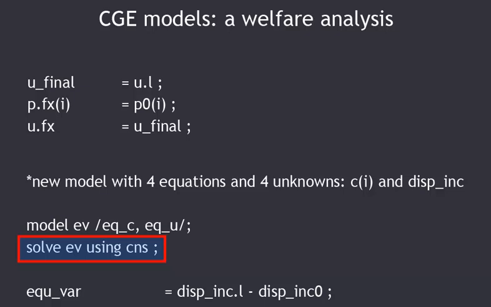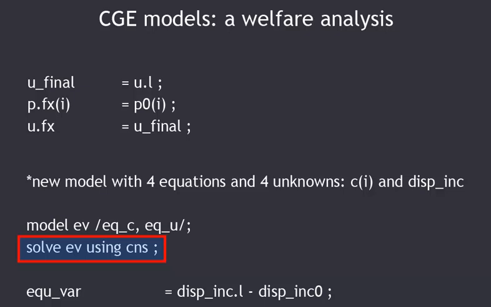It is going to look for a solution of these two equations, solving for CI and disp_INC, with P in sector I and U, the utility, fixed at respectively the initial and final level.